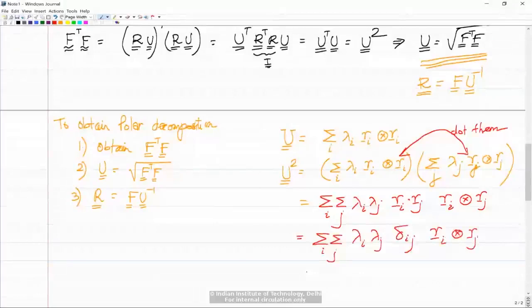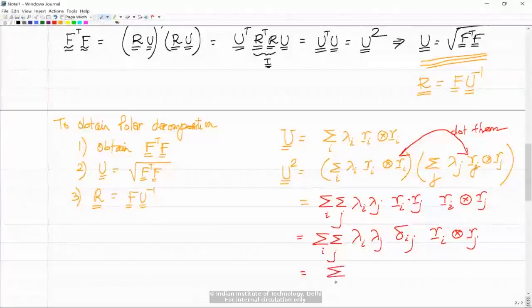But very interesting, what does delta ij do? It is going to annihilate one of the indices, right? Because delta ij is 1 only when i is equal to j, otherwise it is 0. So it is going to get rid of one of the indices. Let us say j goes away, and wherever you have j, that has to be replaced with i. So summation over j will be gone, and wherever you have j, you replace that with i.